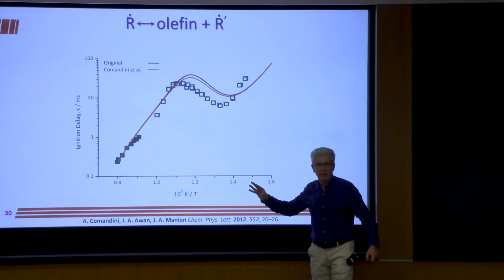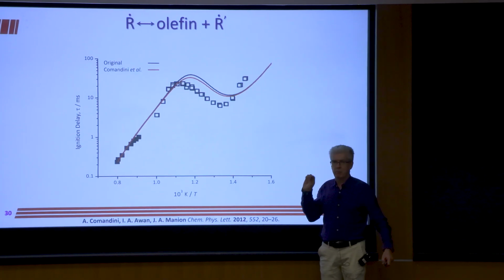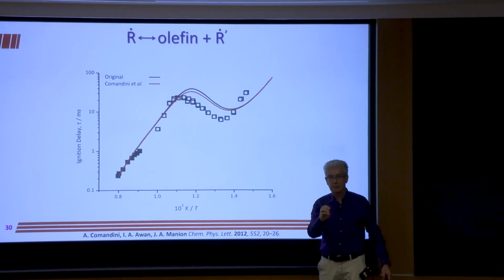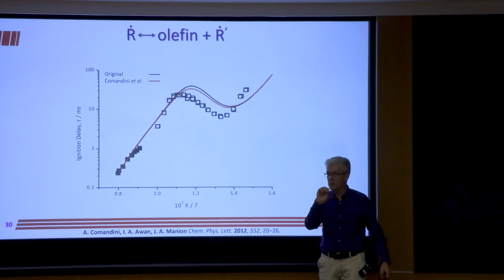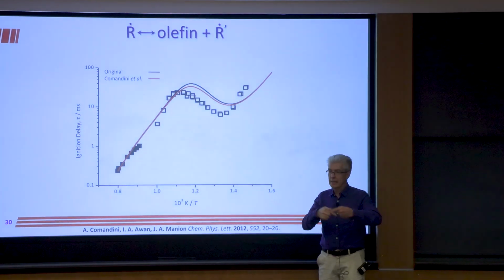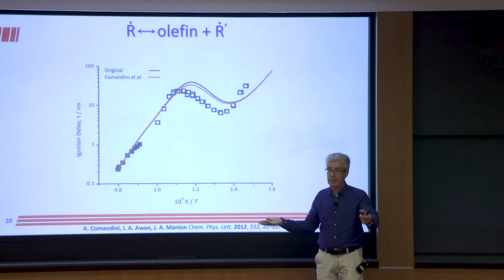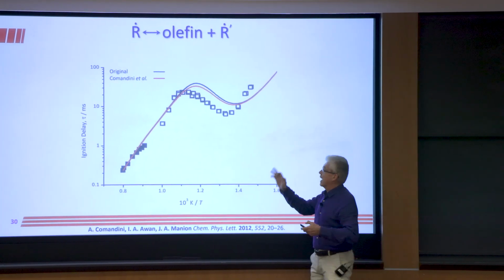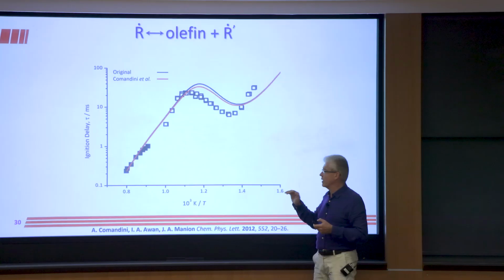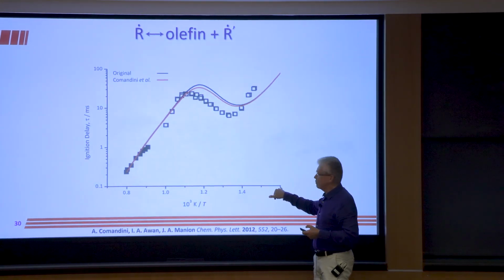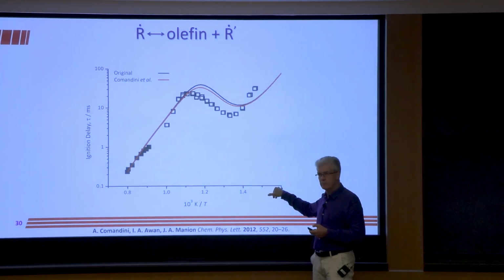What you're looking at here is a very difficult plot to interpret, right? Ignition delay times are very easy to simulate, right? Constant volume, you put in the initial temperature and pressure, and it evolves until you get ignition. But to interpret it is very difficult because you're plotting the initial temperature.